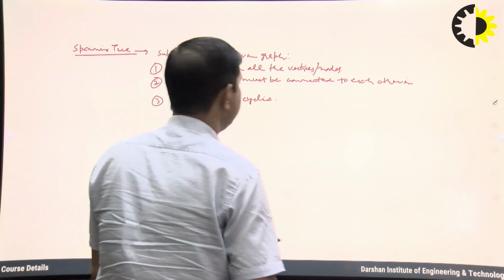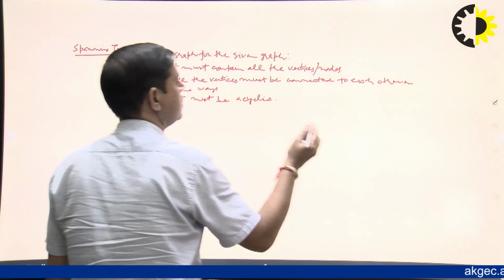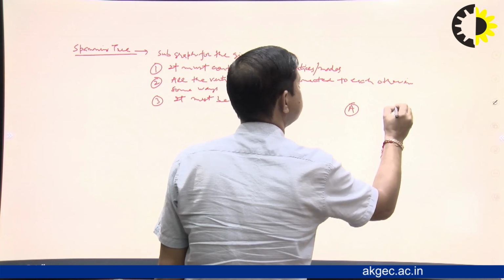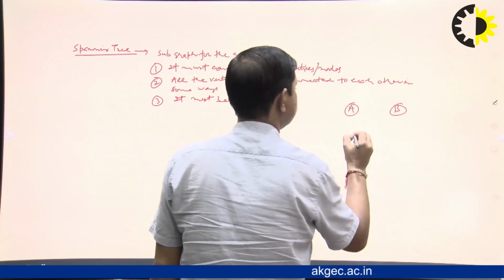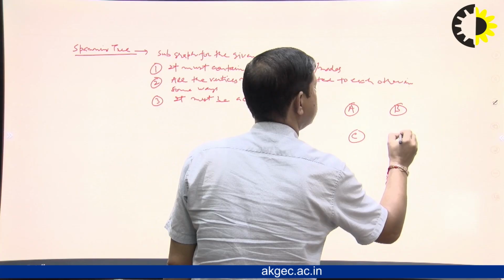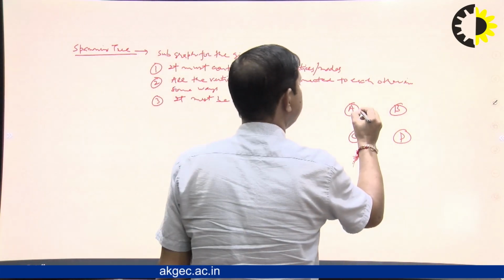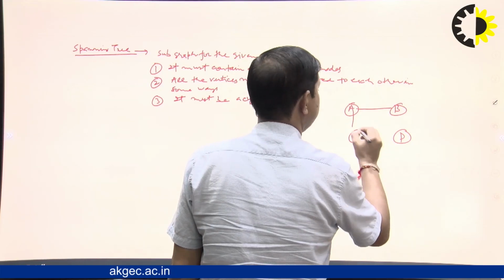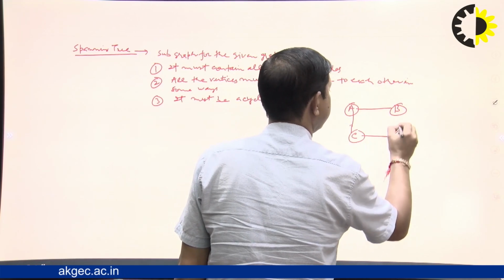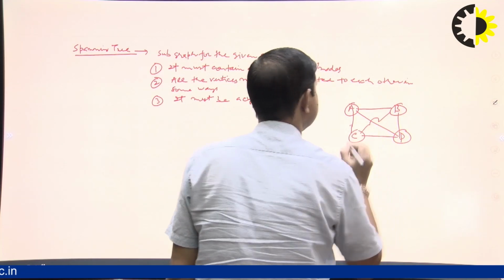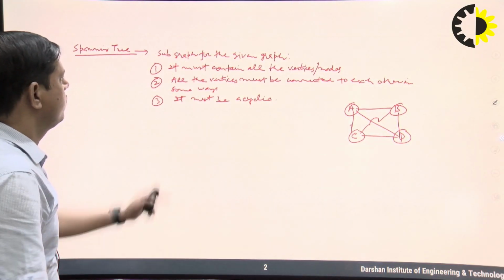Let us take an example. For example, we have this graph containing 4 nodes, and they are connected in that way. What is the first condition?